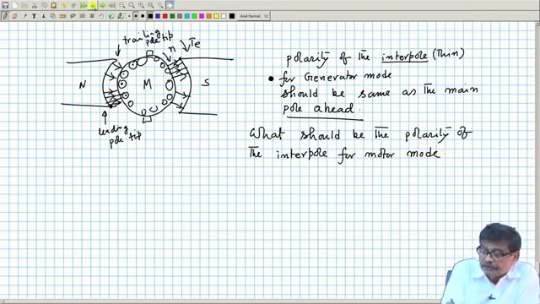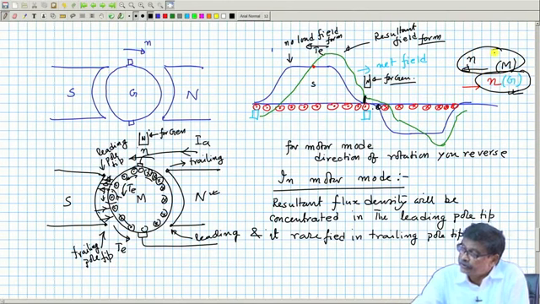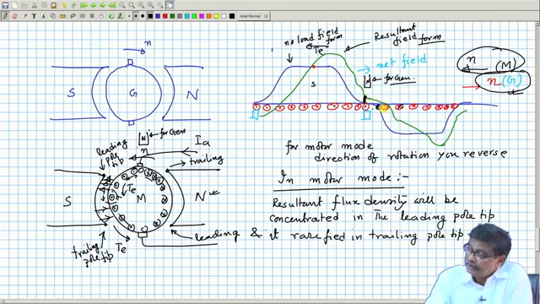Come to this diagram straight. For motor mode, the direction of rotation is from right to left. You are here, cross current, and here is a pole here. You will be seeing for motor mode the direction of rotation is from right to left.